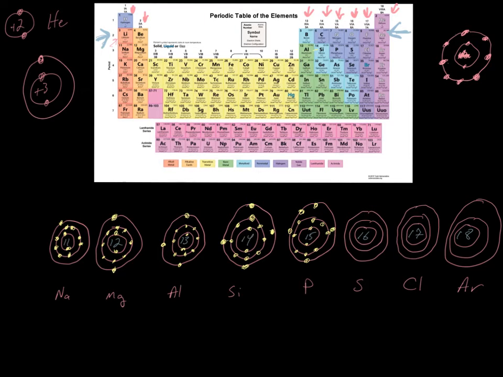And we do the same for sulfur, 16. So that's 6 in the outer shell. And again, each one on the inside has 10, doesn't it?